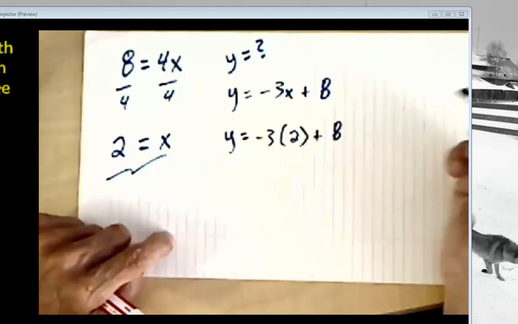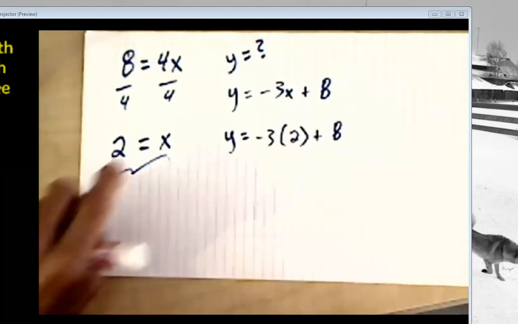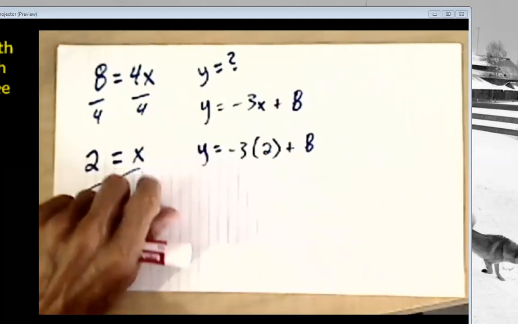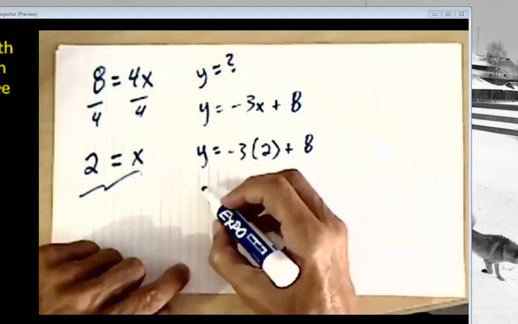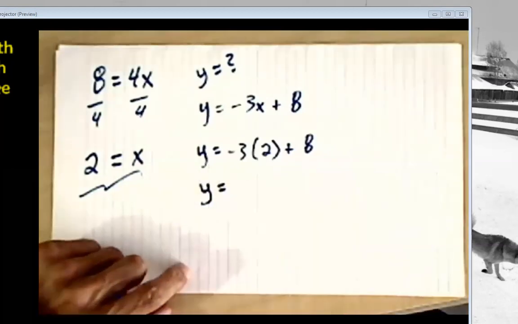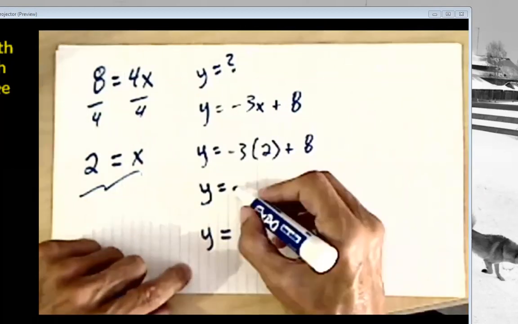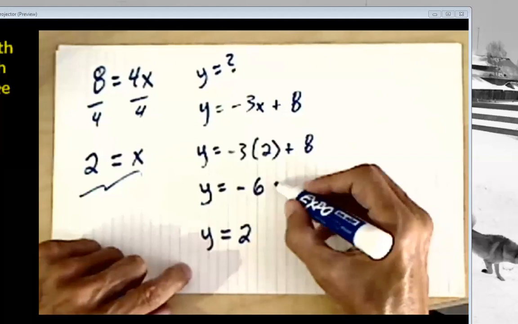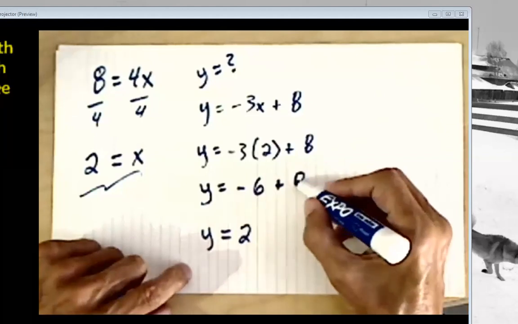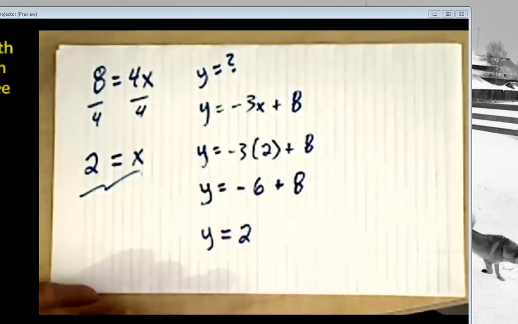And so now we can solve for what the y is going to be. Y is equal to minus 6 plus 8, it equals 2.